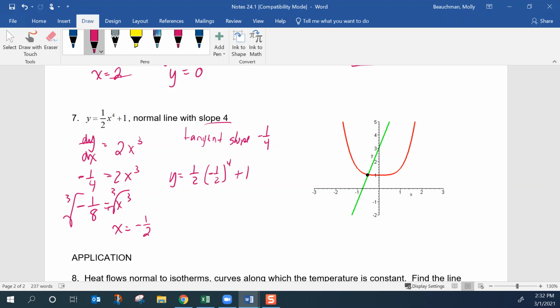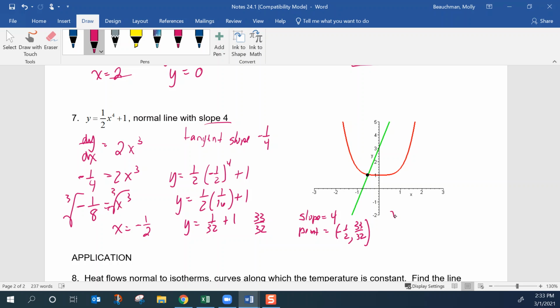Negative 1/2 to the fourth is positive 1/16. 1/2 times 1/16 is 1/32, plus 1. That's 32 over 32, so I get 33 over 32. So the slope is 4, and the point is (negative 1/2, 33/32).